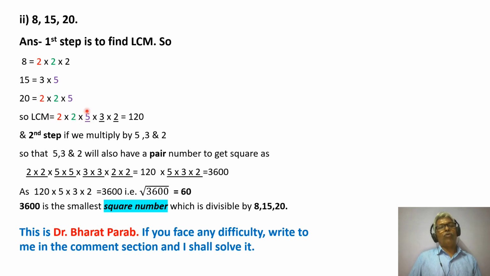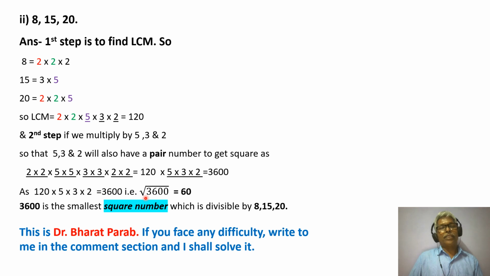So if we have another 5 to pair this, 3 for this, and 2 for this, we write it in the paired form. 2 into 2, 5 into 5, 3 into 3, 2 into 2. So that will be 120 into, one extra 5, one extra 3, and one extra 2, that is 3600.